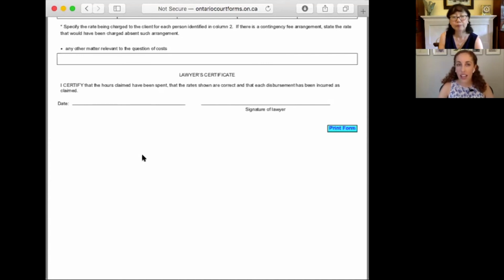The court can still award fees to a self-represented litigant. They're likely not to award you the same way that they would compensate a lawyer, but there is a way for the courts to consider the amount of time and effort that a self-rep has put into a case.